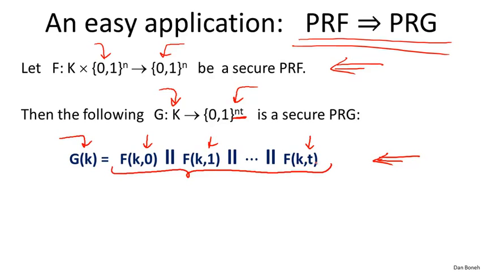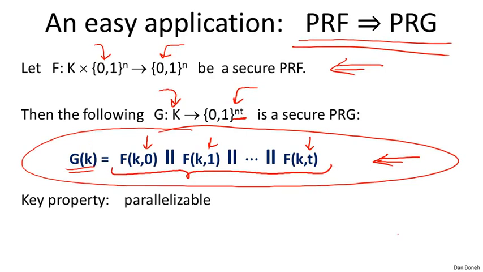A key property of this generator is that it's parallelizable. What I mean by that is if you have two processors or two cores, then you can have one core compute the even entries of the output, and another core compute the odd entries. So with two cores, you can make this generator run twice as fast as it would with a single core.